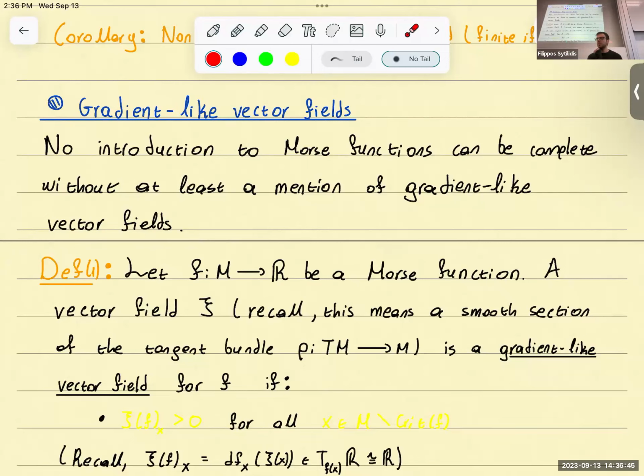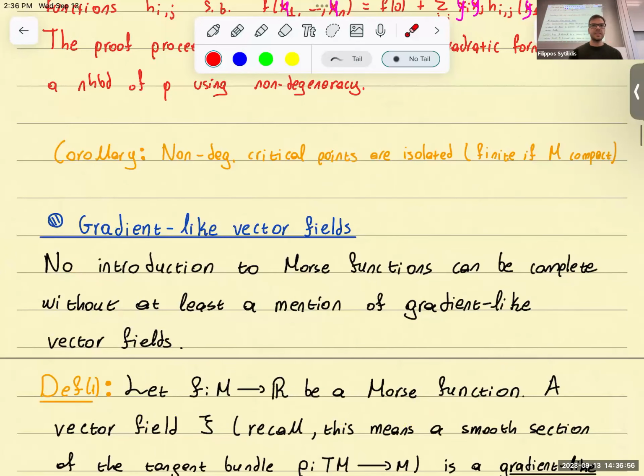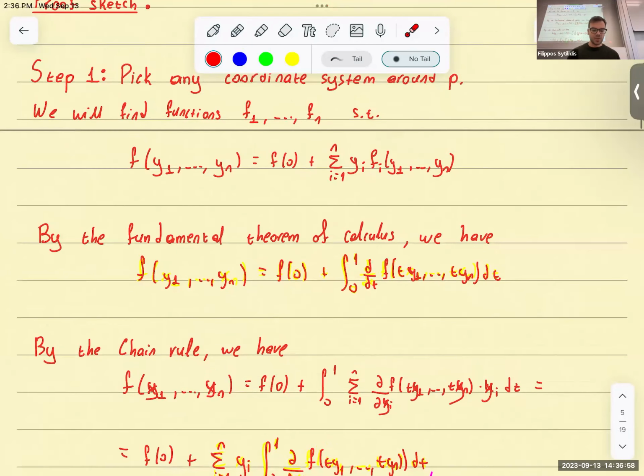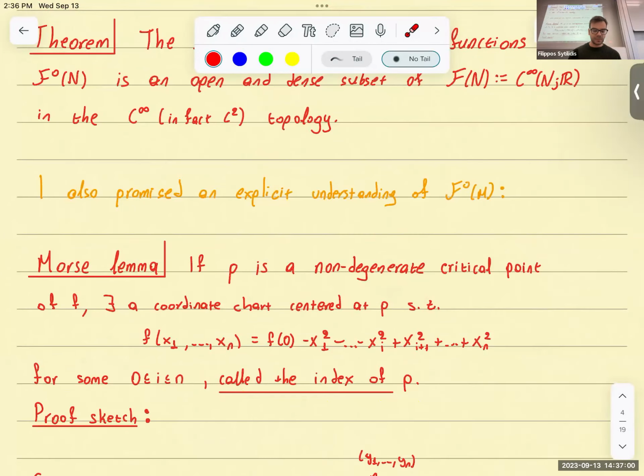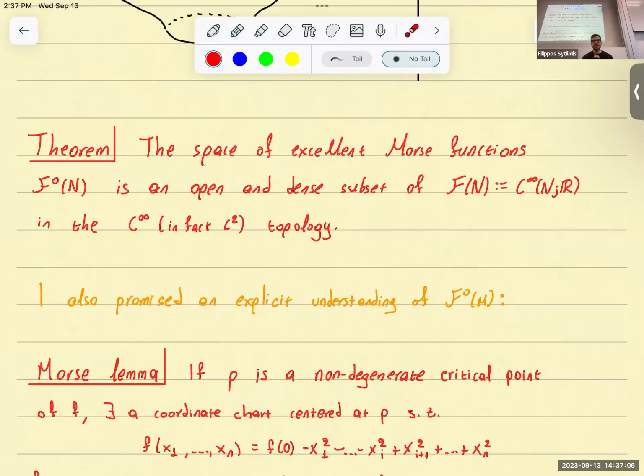But the thing that I'm a little afraid of is that the sup norm topology would be the C0 topology. At least I know that you have density; C infinity is a bit strong, but I think you need at least C2.